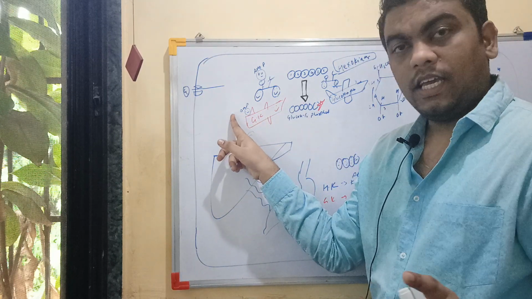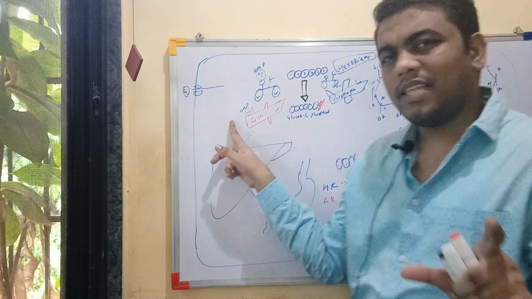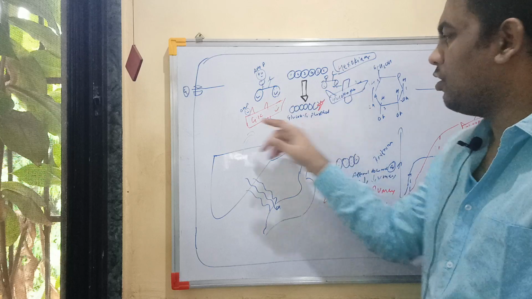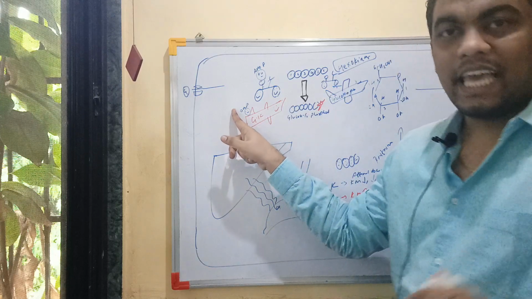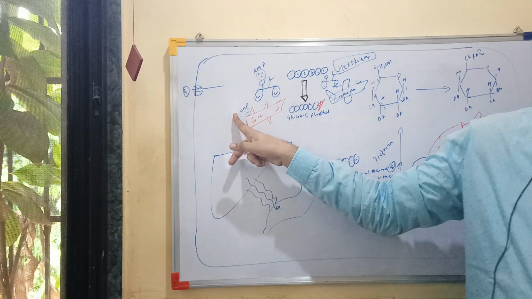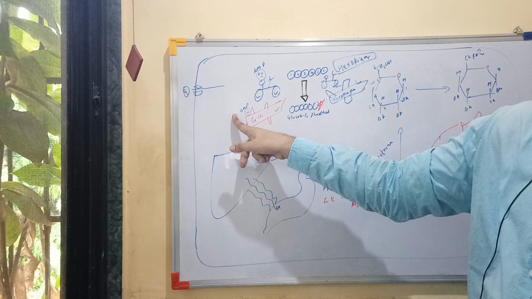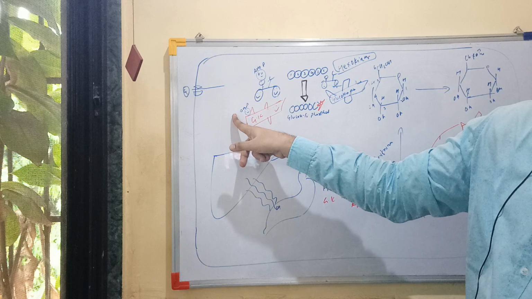If there is less ATP, that means the cell is energy deficient. So we need glycolysis to run somehow. So AMP is one of the activators of these enzymes.